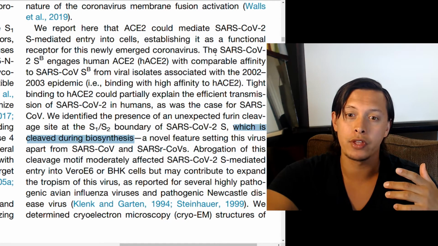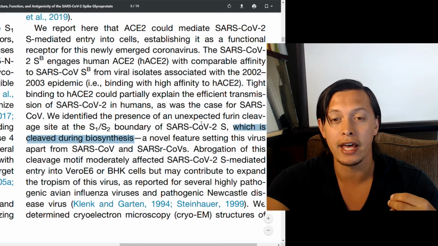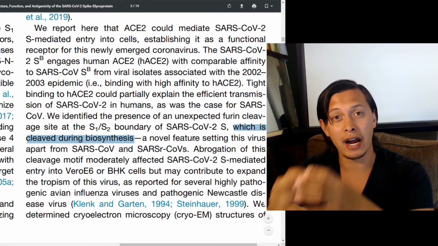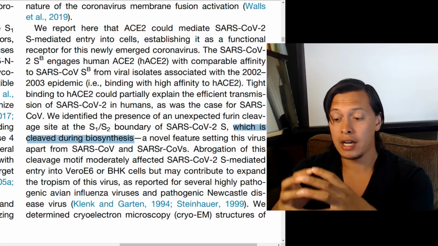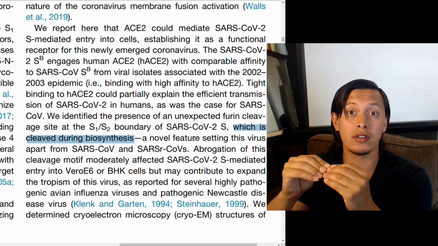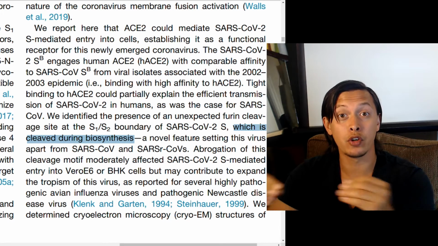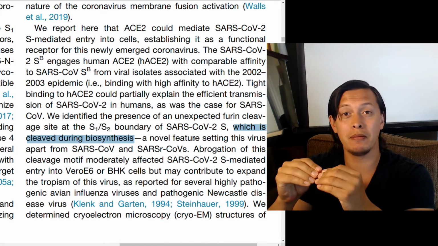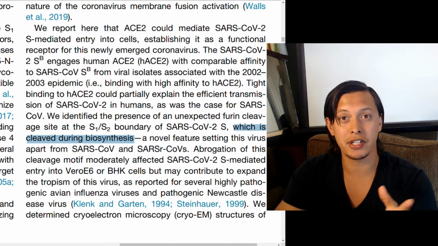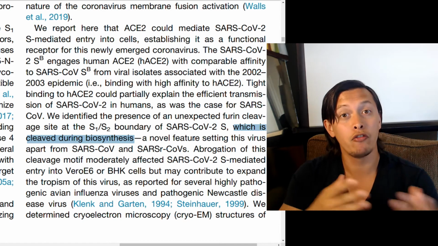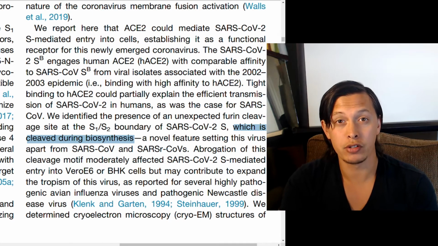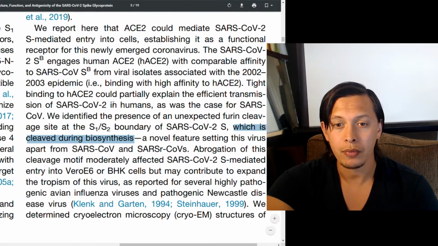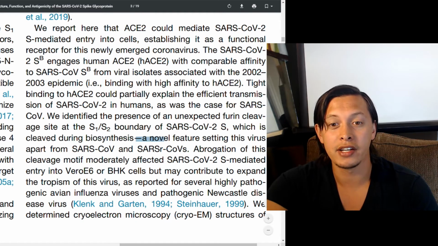However, with the research of this particular paper, they say that as these viruses are being made in your cells, a lot of these spike proteins are already cleaved by furin. So they're pre-broken apart within the cell. Now, this could be positive or negative, but in this particular case, it seems to be a positive thing for this new SARS coronavirus, so SARS-CoV-2. So, as I said, this is a novel or a new feature setting this virus apart from the SARS-CoV and the related coronaviruses.